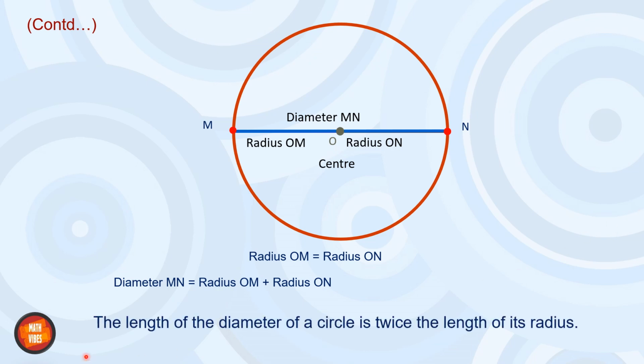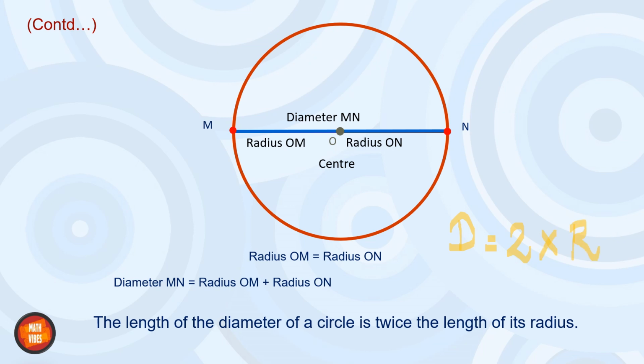So what does it show? That the length of the diameter of a circle is twice the length of its radius. So this is a formula which we usually write as diameter is equal to 2 into radius.